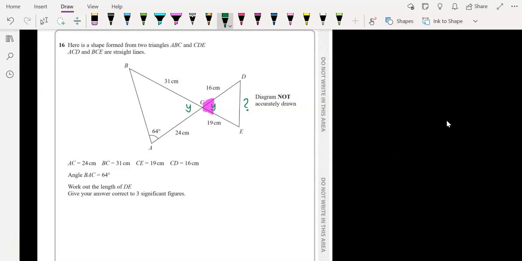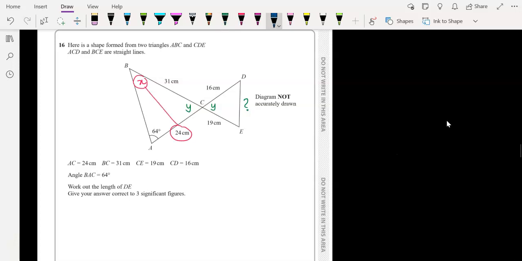So, now have a look at triangle ABC. In this triangle, we don't know the side opposite to y, so we cannot find y directly. Instead of finding y, we'll find the other angle, angle B. Let's mark it as x. In triangle ABC, let's match the opposite pairs. For x, the opposite side is 24 centimeters.